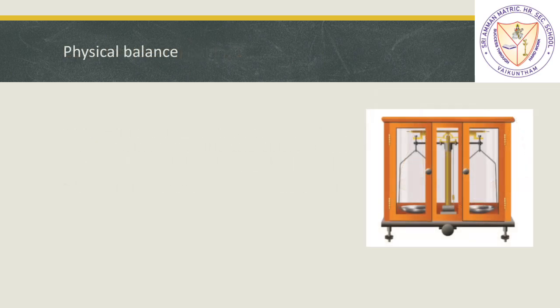Then the next one is the physical balance. You might have seen it, but nowadays these are very rare. Before, they were usually used in jewelry shops and so on, and it is kept inside a glass box.